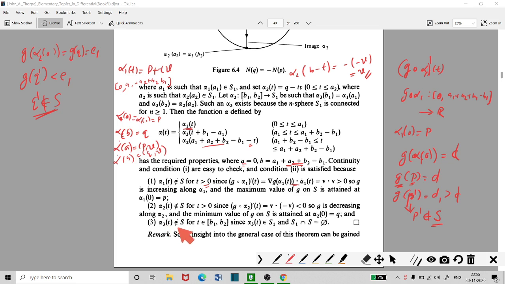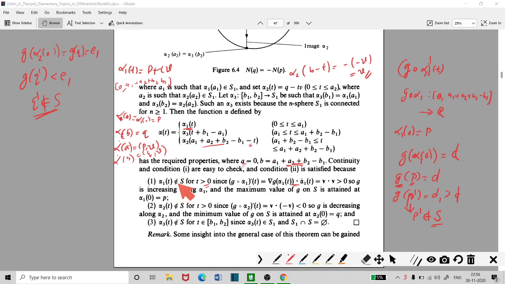Similarly, obviously alpha 3 does not belong to S, because alpha 3 is a path in the large sphere which fully encloses this surface inside the whole sphere.